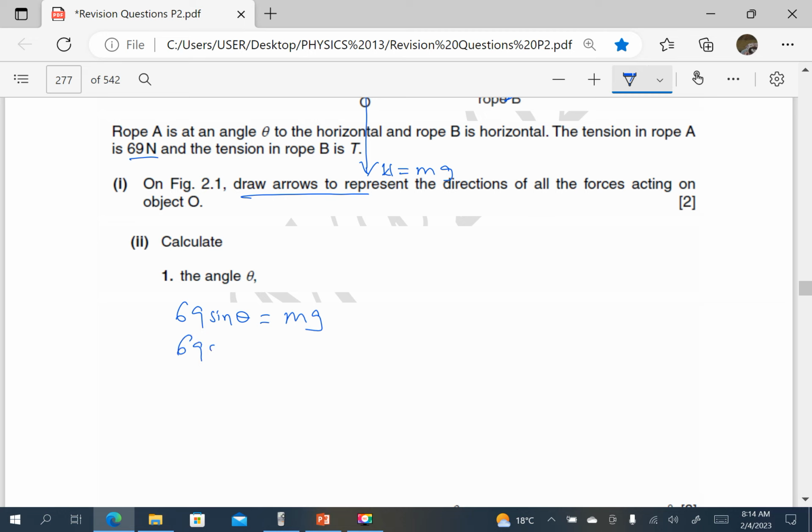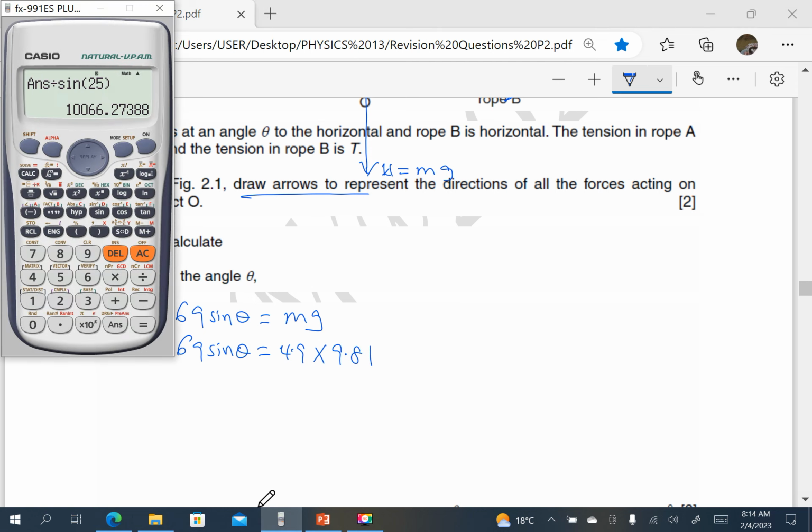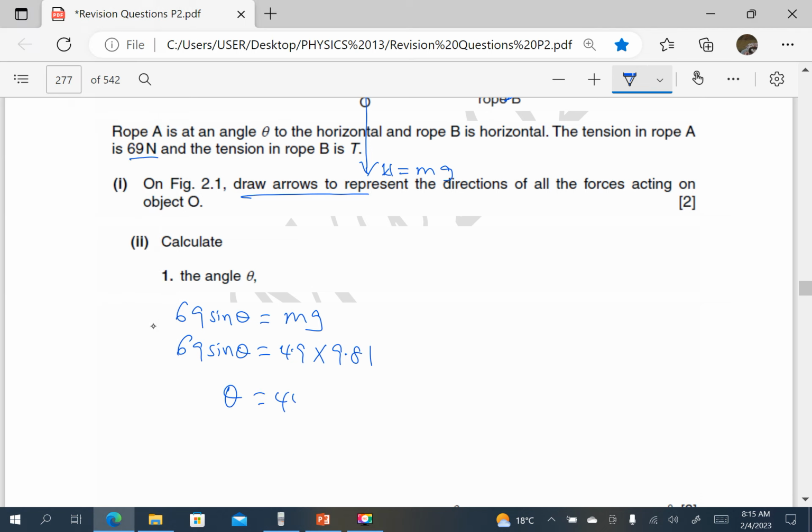The mass was 4.9 times g, which is 9.81. So I'm just pressing my calculator: 4.9 times 9.81 divided by 69. Then I get the sine inverse, the arcsine of the answer, which is 44.1. So theta is 44.1.